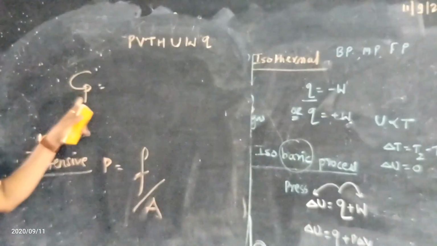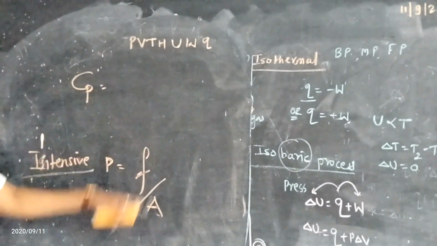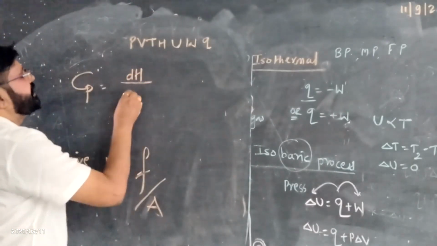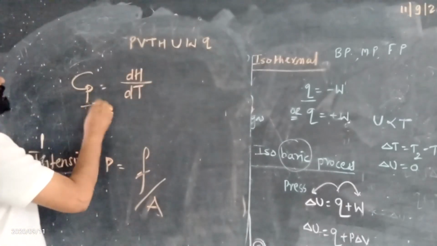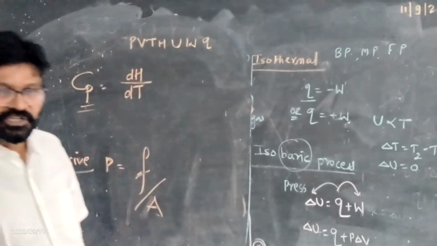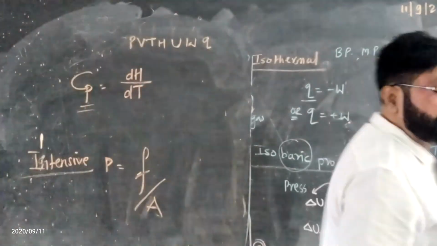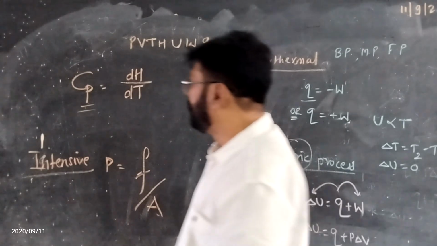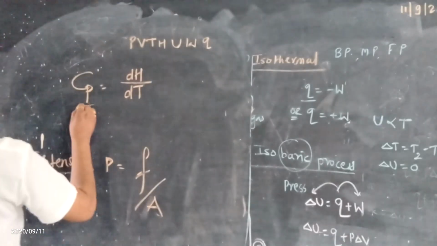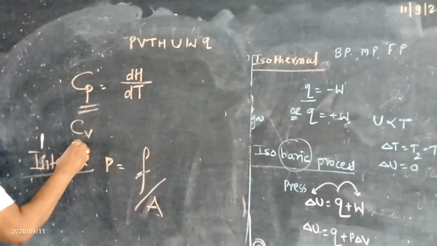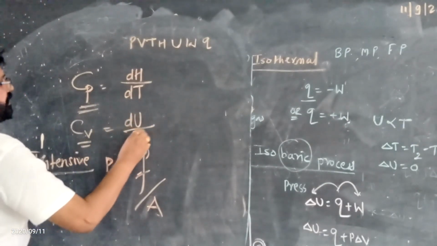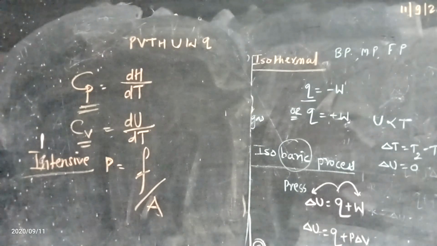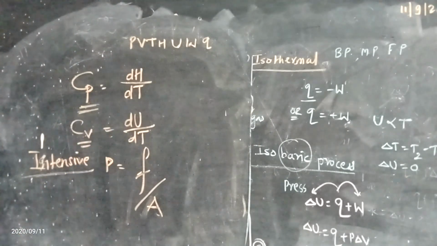It is denoted by delta H upon delta T at constant pressure. The sign used is division. Similarly, molar heat capacity at constant volume is the change in internal energy with respect to temperature, where the sign used is also division.